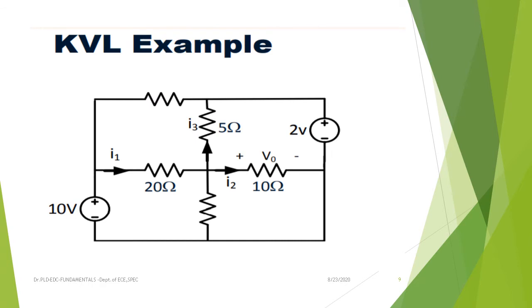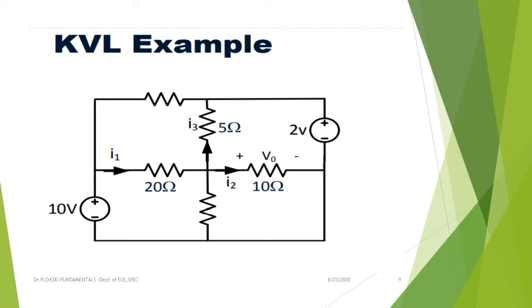Now coming to this other circuit diagram. Here there is a voltage source of 10 volts and another voltage of 2 volts. From this voltage source the current flows like this, and here the current divides and flows in this way. In this example, we denote the current entering the 20 ohm branch as I1.